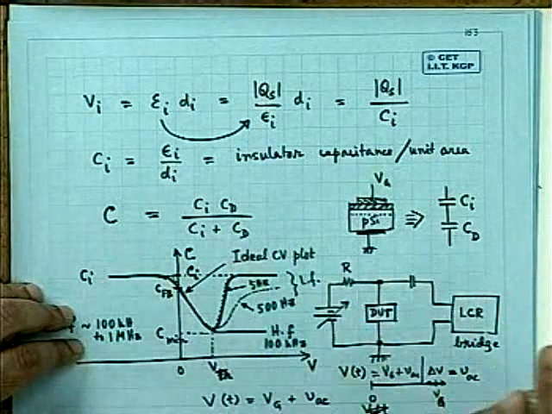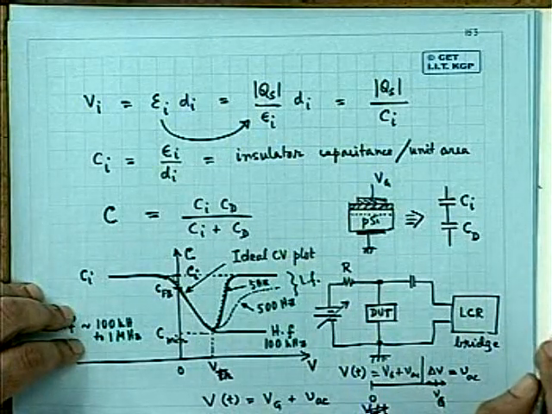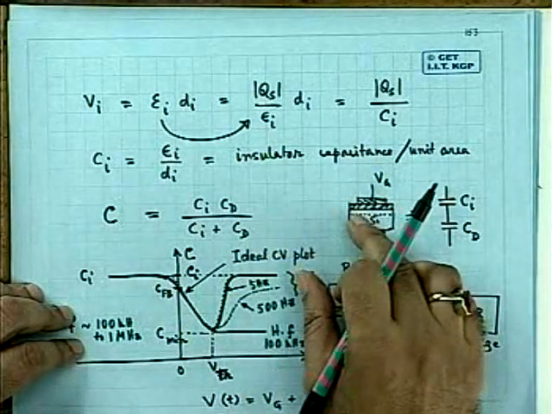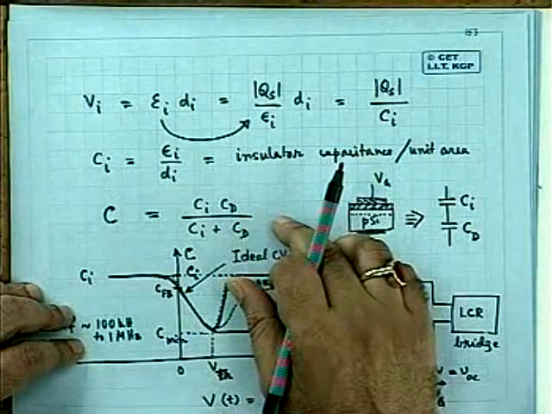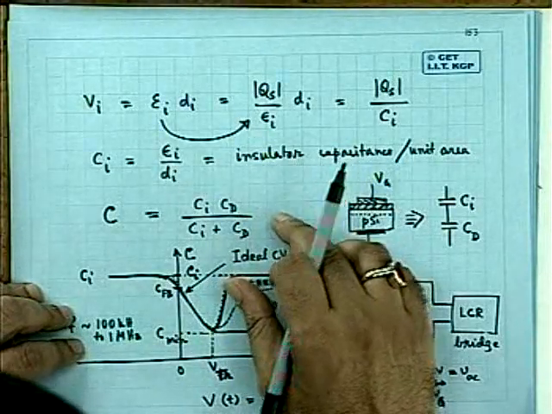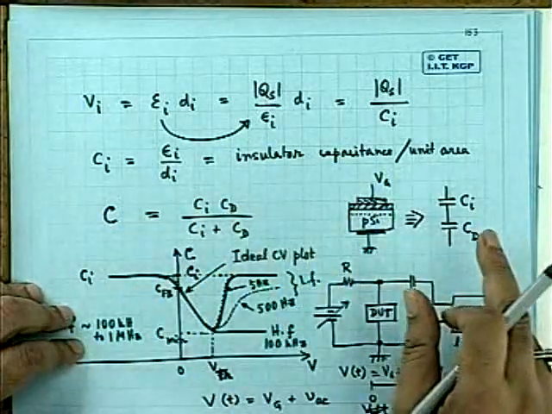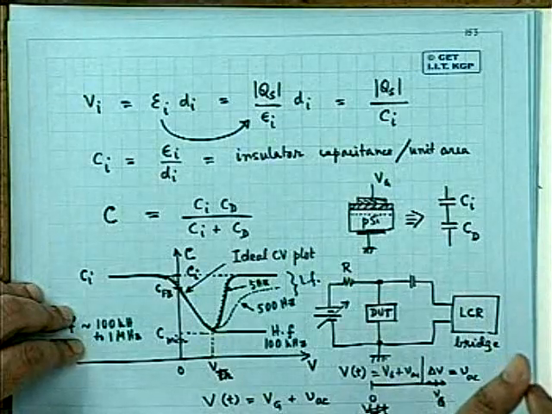And CD is a function of psi s, we have derived already. And again, psi s is related to VG, or the applied voltage. We know how psi s can be obtained from V. So therefore, I can plot CD for different values of applied voltage, and hence compute C, which is the series combination of CI and CD, for different values of the applied gate voltage.